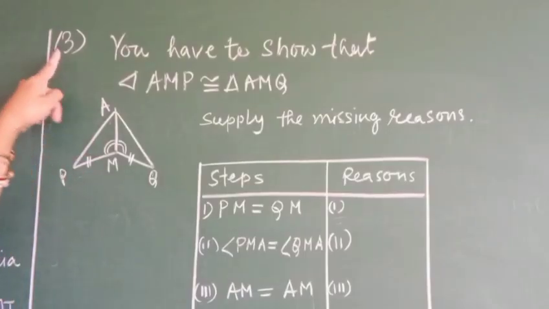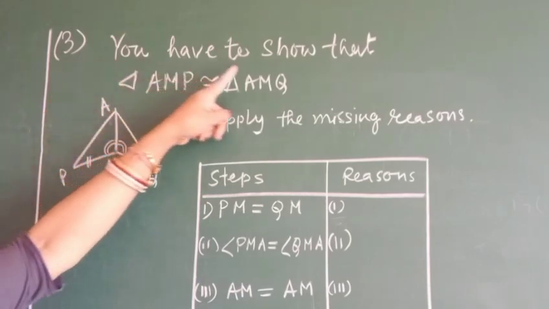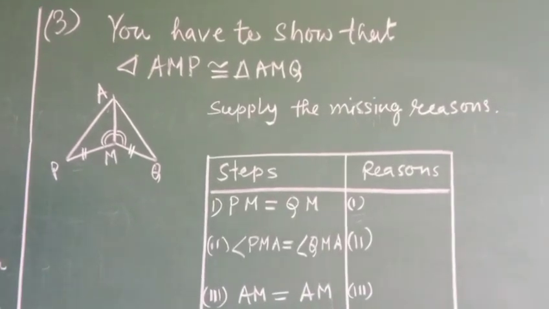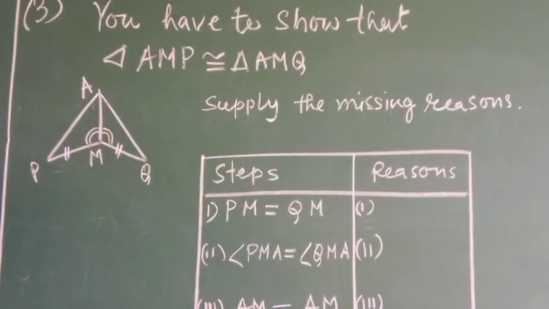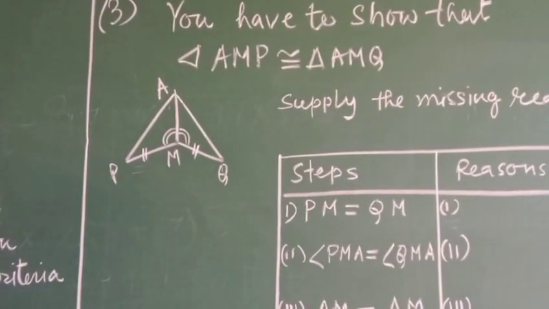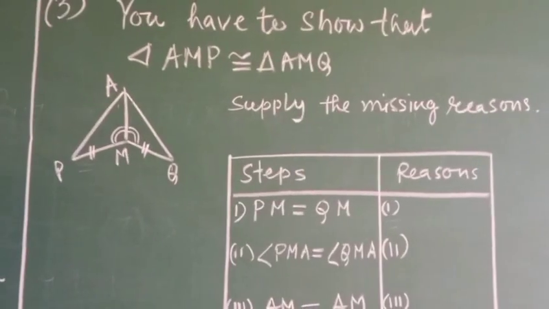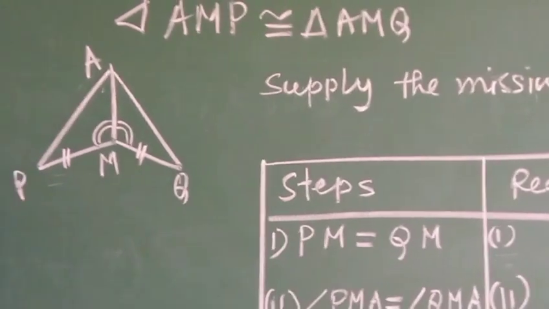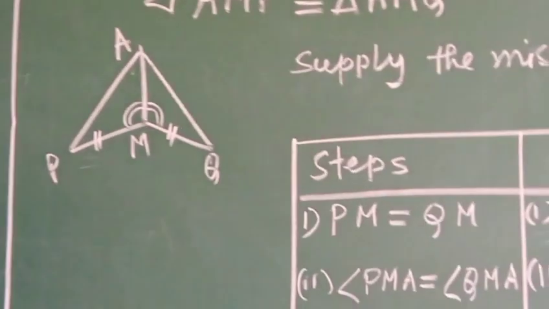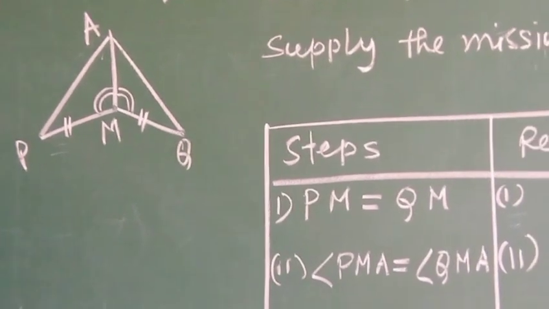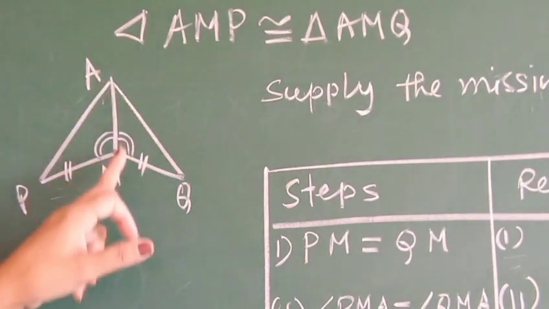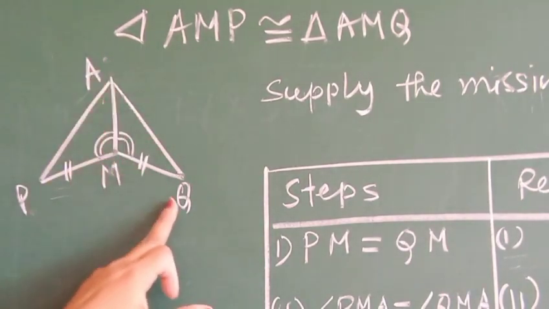now in question number 3, you have to show that triangle AMP is congruent to triangle AMQ.